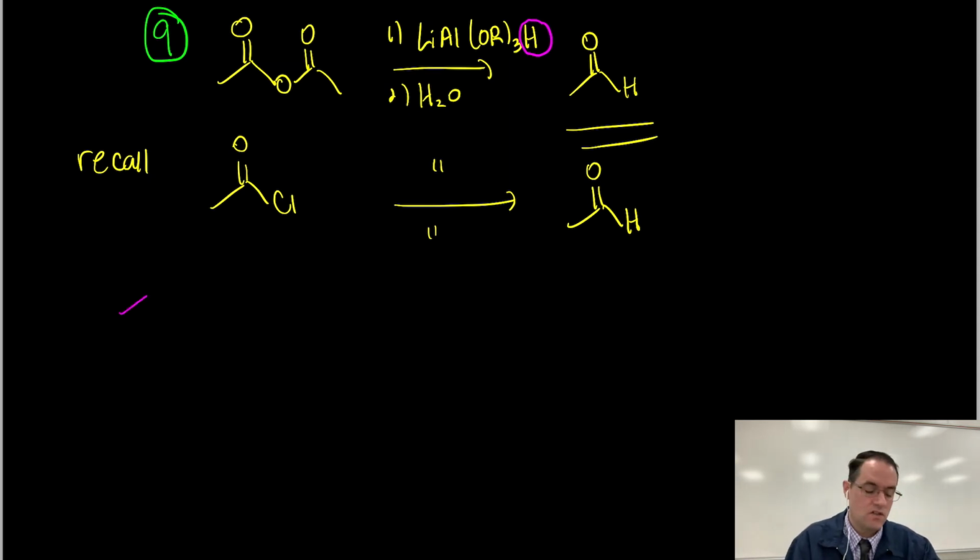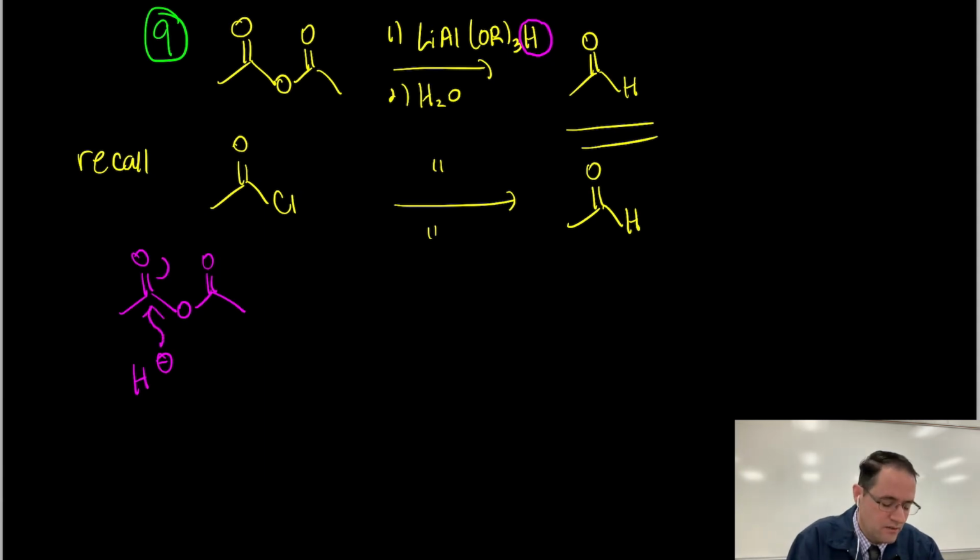Okay, so how does the reaction mechanism work? It does just as I showed before, but it just does it once. Okay, so I'm being lazy here with the mechanism. I'm just drawing H- rather than this very complicated aluminum complex. So hydride attacks, A for attack.